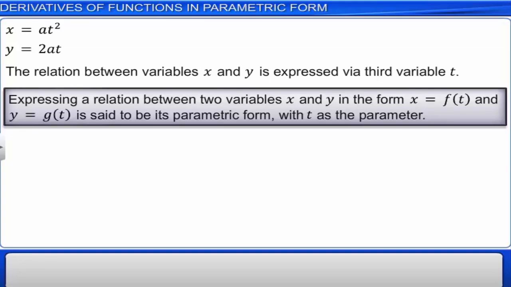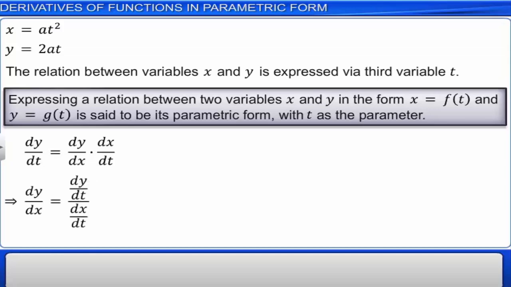Therefore, dy by dt is equal to dy by dx into dx by dt. This implies that dy by dx is equal to dy by dt divided by dx by dt, provided dx by dt is not equal to 0.